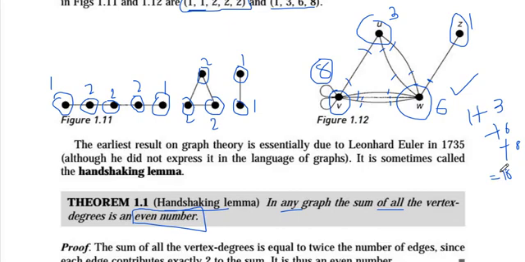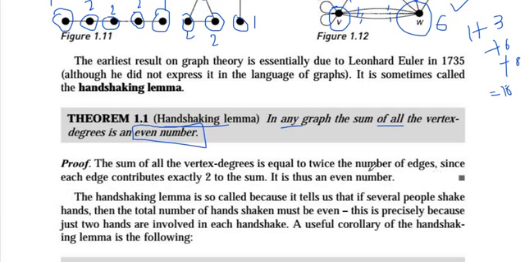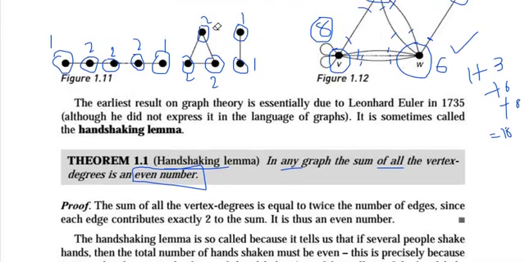Why is the sum of all the vertex degrees always an even number? Let's say for this edge, how many times is it counted?